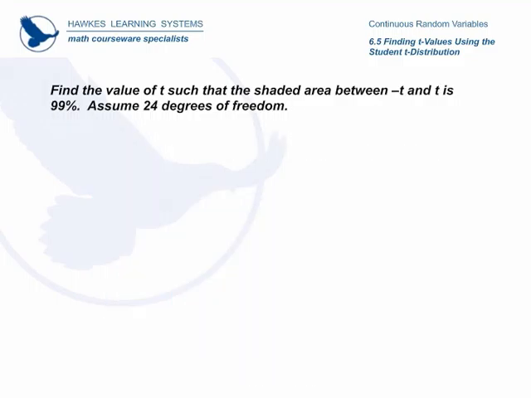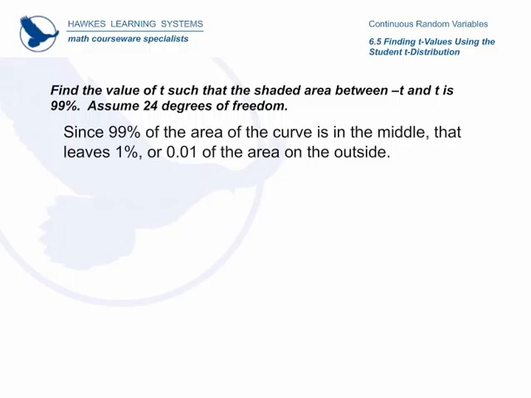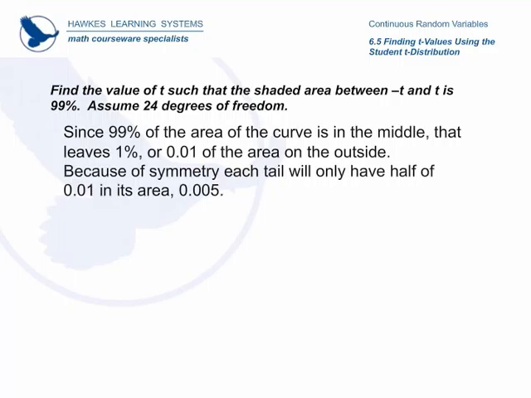And for our next and last example, find the value of t such that the shaded area between negative t and t is 99%. Let's assume 24 degrees of freedom. Now, since 99% of the area of the curve is in the middle, that leaves 1% or 0.01 of the area on the outside. Because of the symmetry, each tail will only have half of 0.01 in its area, so we have 0.005.